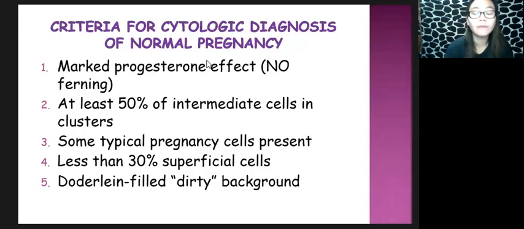Another is the presence of lactobacilli, particularly Döderlein bacilli. You should be able to see this in normal pregnancy. So a Döderlein-filled, dirty background should also be observed in cases of normal pregnancy. All right, so those are the different criteria.